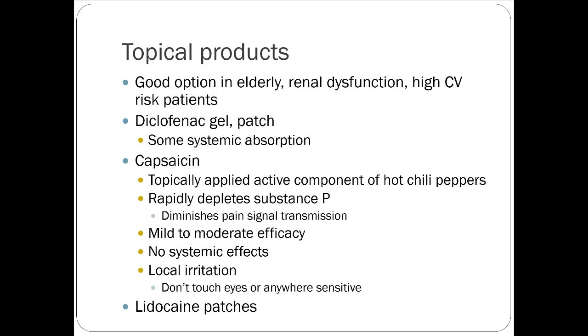It has mild to moderate efficacy. Again, this is a topical product, right? So this is a cream you're applying. You may have seen capsaicin cream on the market. It's over the counter, and there's no real systemic absorption or effects. However, of course, this is derived from peppers, so be really careful what areas you're touching, eyes or other places that obviously would be sensitive to hot chili peppers.